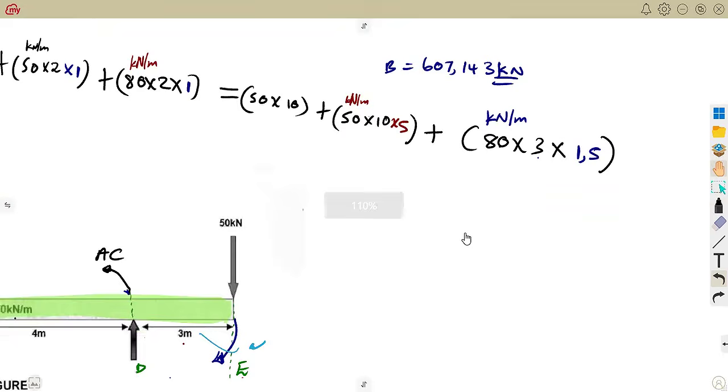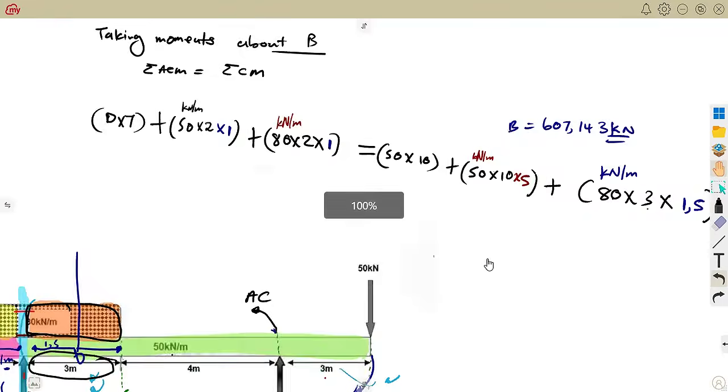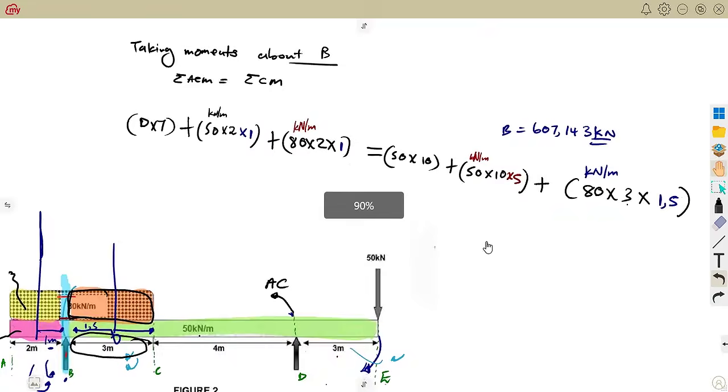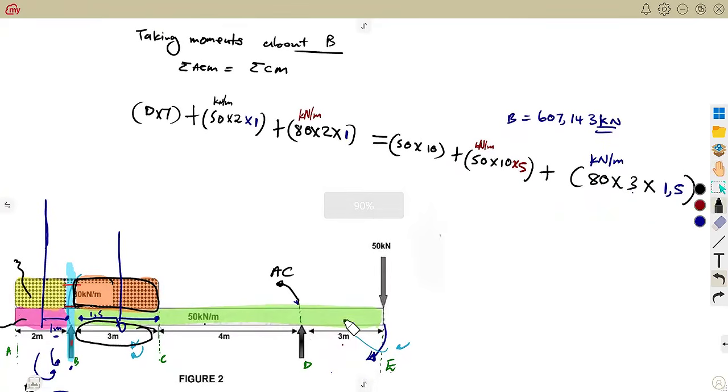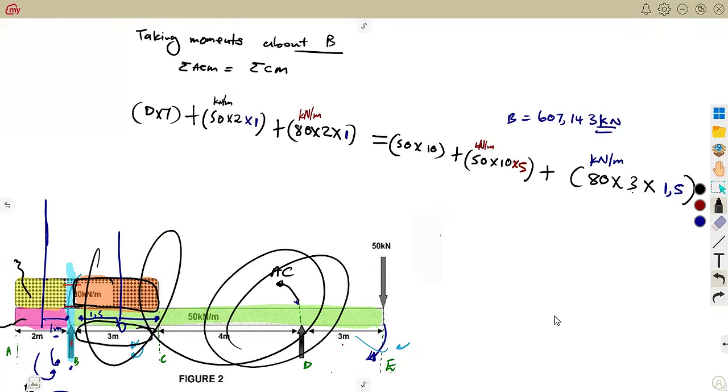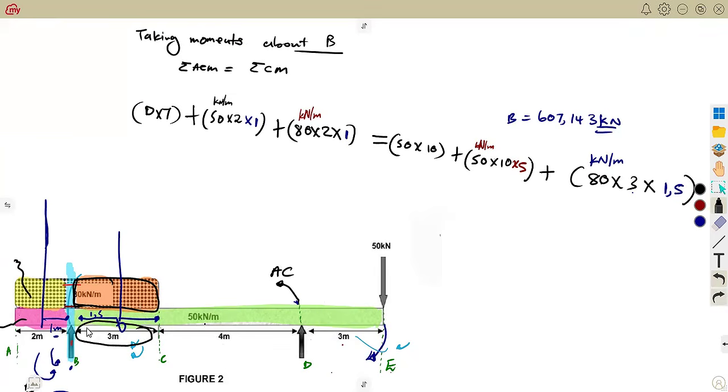So it's gonna be a lot, isn't it? Just need to work with more questions of this nature. So that is what you do when it is like this, guys. On B, there were so many things to consider. What is on the right side of B in terms of these distributed loads? They are also on the left side. Same distributed loads.